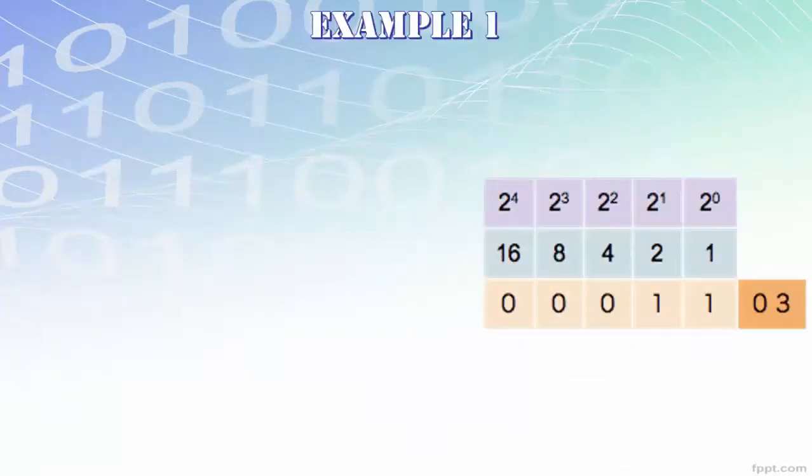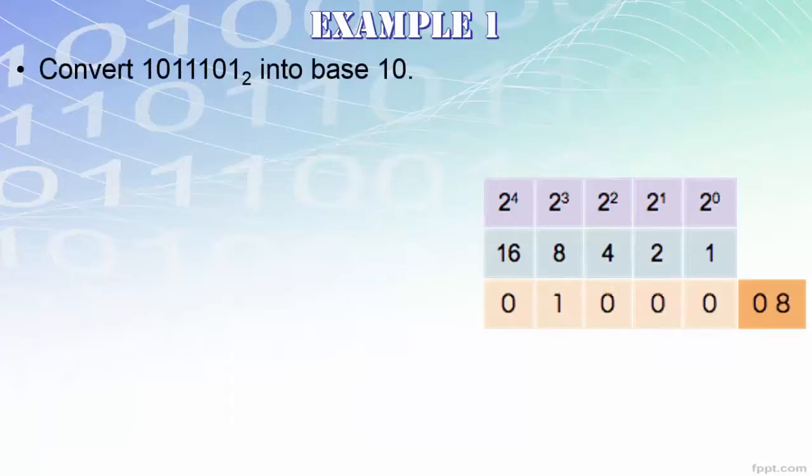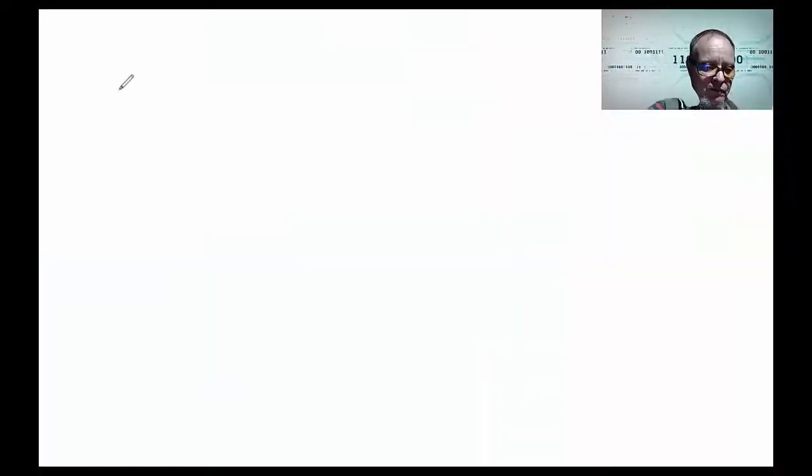In example number 1, we are asked to convert 1011101 base 2 into base 10. So let us go over to the whiteboard and work this out. In this example, we have 1, 0, 1, 1, 1, 0, 1, base 2.